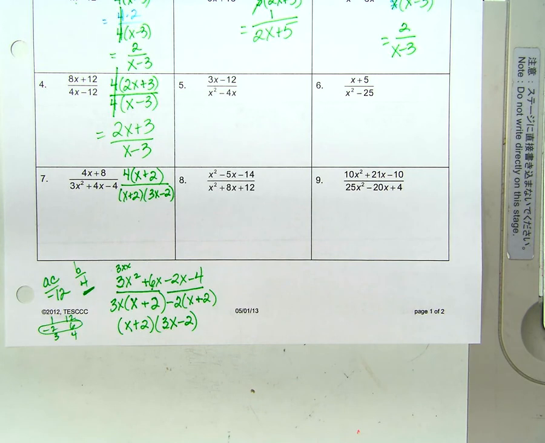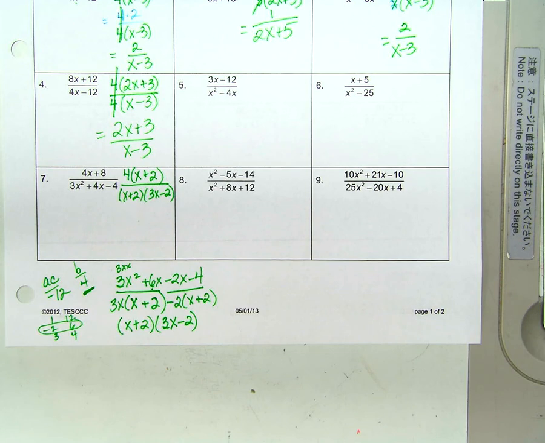So now what? What am I allowed to cancel out? Factors, right? I'm allowed to cancel out a common factor. Is there a factor in the numerator that's also in the denominator? What is it? An x plus 2.